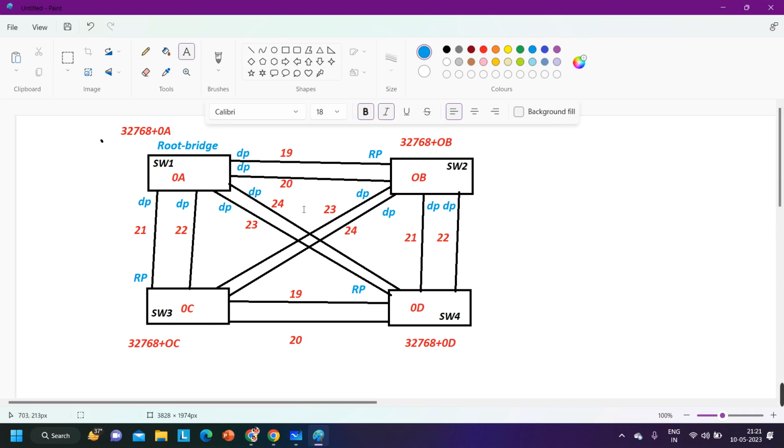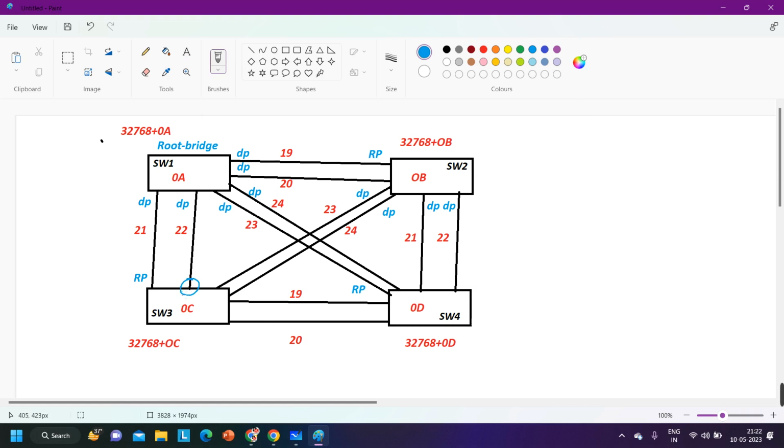Yes, definitely. Now let's talk about switch 3, ports 19 and 20. First of all, tell me, will this port become DP or not?